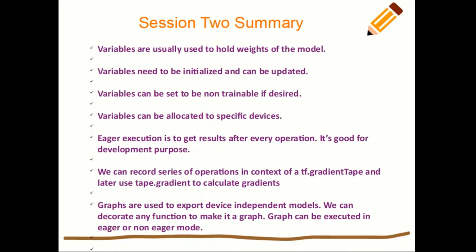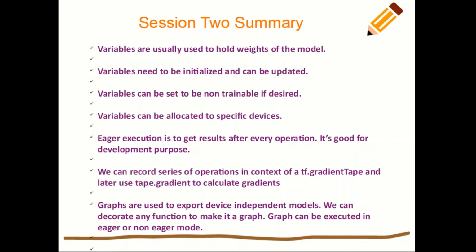So in summary, what we have done so far is: variables are usually used to hold weights of the model, and variables need to be initialized and can be updated. Variables can be set to be non-trainable if desired, and variables can be allocated to specific devices.